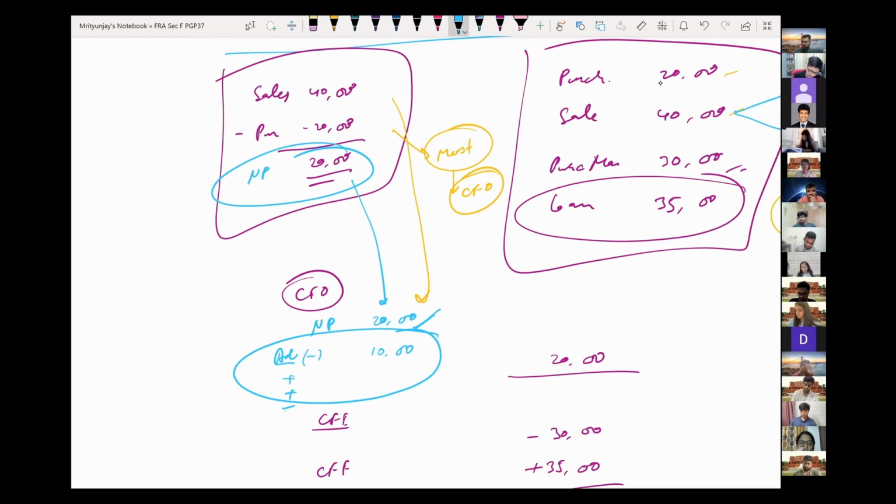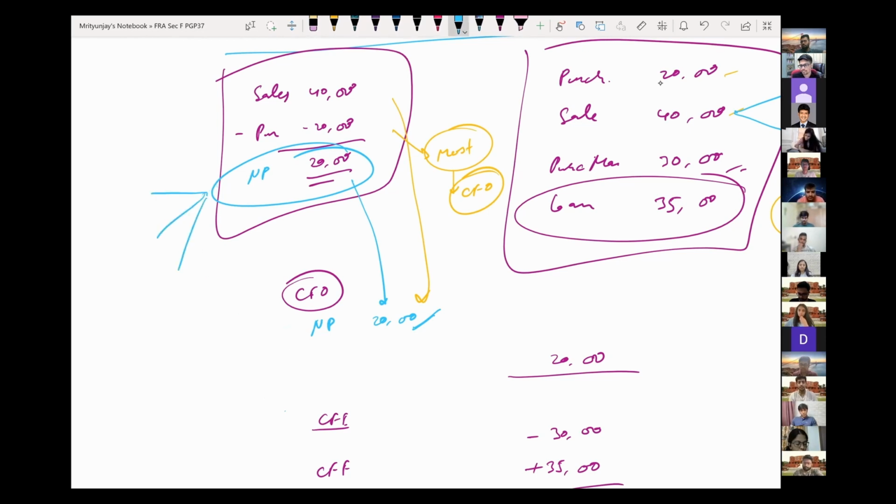Now let me elaborate. There could be a variety of reasons why there could be a difference between net profit and CFO. But fortunately for us, these reasons can be classified under only 3 headings. Only 3 types of reasons could be there why net profit is not my CFO. One reason could be that in the income statement, some non-cash item is there. This everybody has seen. Just now we took one example.